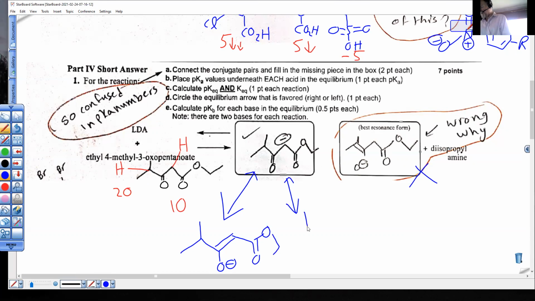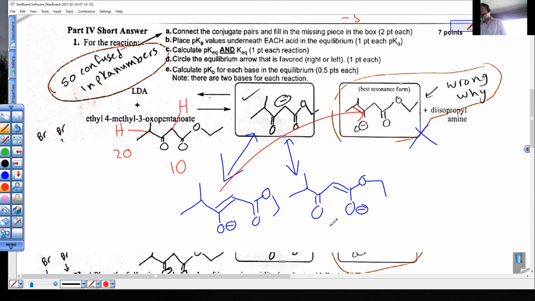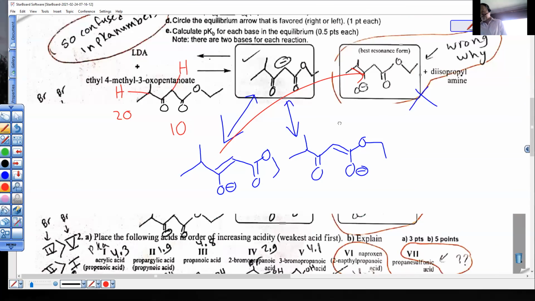And I'd like that a little better than the one that resonates towards the ester. So this goes here. If you're asked for a slightly not as good, but better still than the original, remember O minus is better than C minus. So that's the one I want over there. Okay. And we got that.